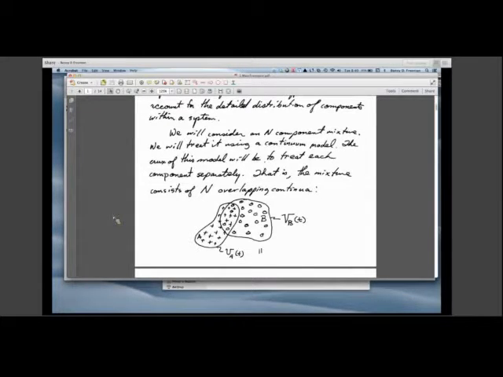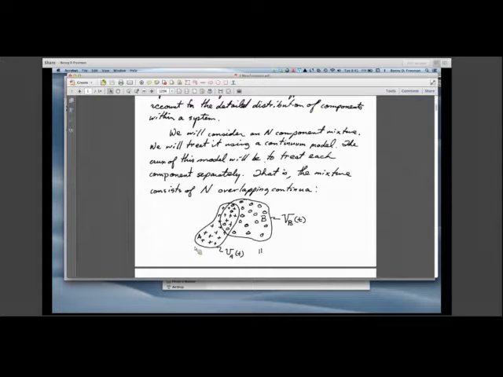And so what we're going to do is look at multi-component mass transfer. And by multi-component we mean more than two, as many components as you would like. In order to do this, we have to reformulate our fundamental laws to account for the detailed distribution of components within a system.